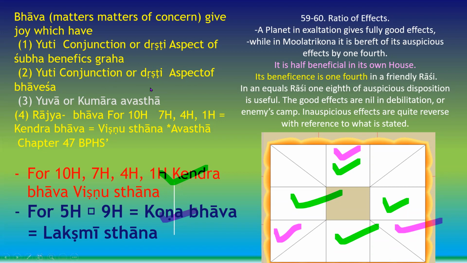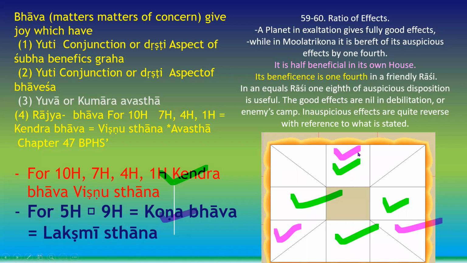And then we are looking for the aspect of the bhavesha. What does bhavesha mean? Each house is called the bhava, and the bhavesha is nothing but the ruler of that house. So, for example, with Aries rising, the bhavesha for the first house is the lagna lord.